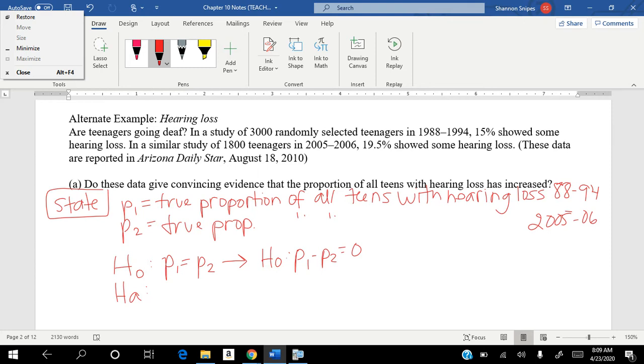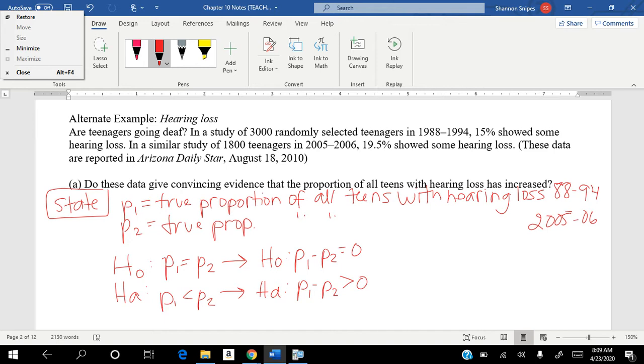You see the word increased at the end of the question? So we think P1 is actually going to be less than P2. So our original proportion percent of hearing loss was smaller than the second proportions. And of course, we can write that P1 minus P2 is greater than 0.